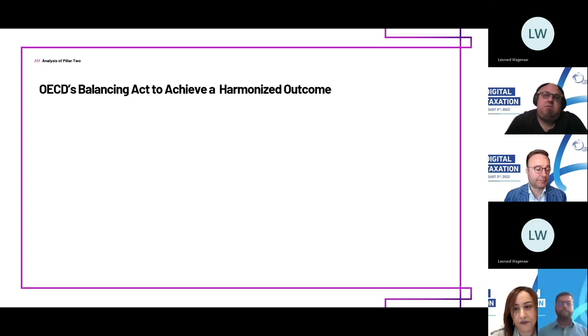When you look at the overall design of Pillar 2, there are two parts to it. There's GloBE and then there is the subject to tax rule, STTR. Let us first talk about the GloBE rule.